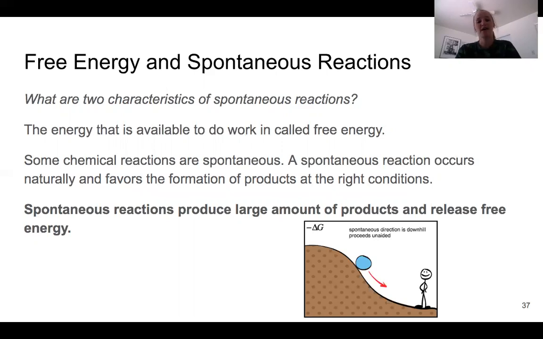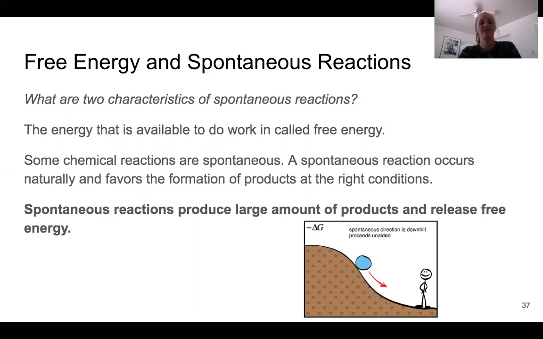Now there are two types of chemical reactions that we'll talk about. First are spontaneous reactions. A lot of times when we think of spontaneous, we think it's just so random and they just kind of do whatever they want. It's not quite exactly what's happening in chemistry.